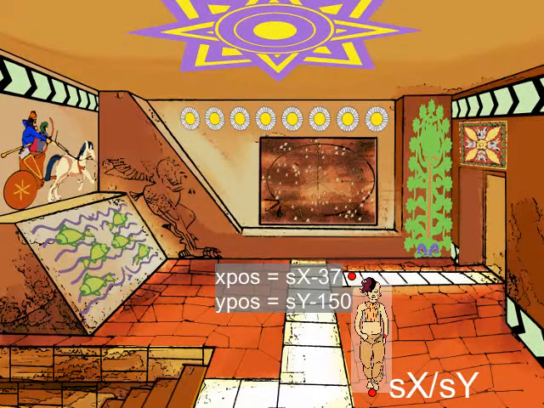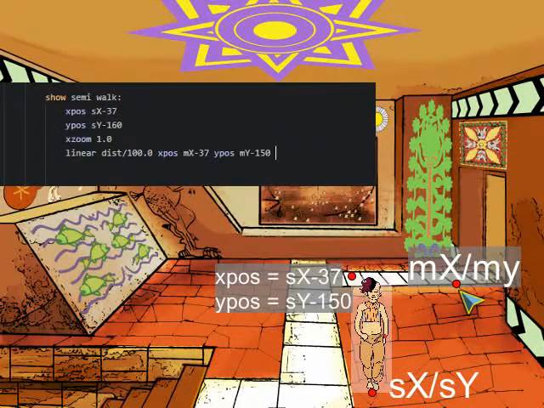In the earlier video, when we did not have any scaling, we set X-pos to SX minus 37, 37 being half the width of the image, and Y-pos to SY minus 150, 150 being the height of the image. And we did the same thing with the point to walk to using MZ.